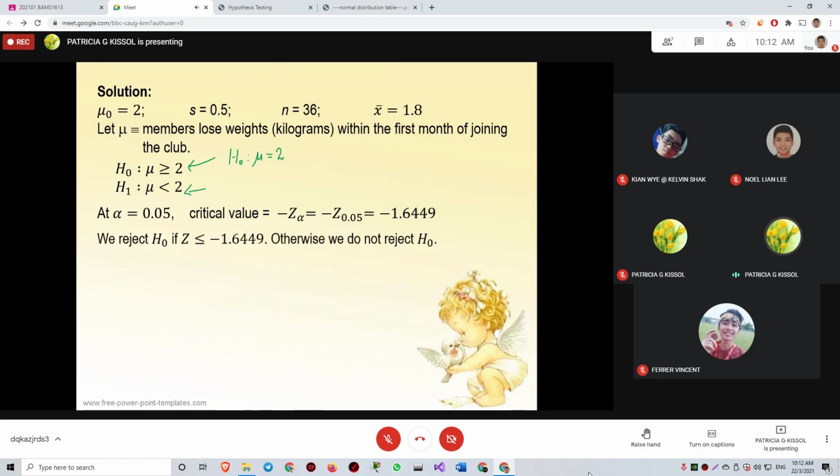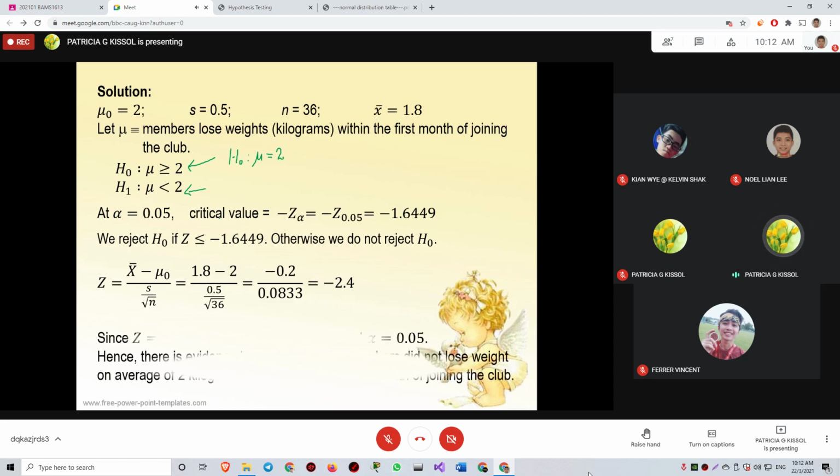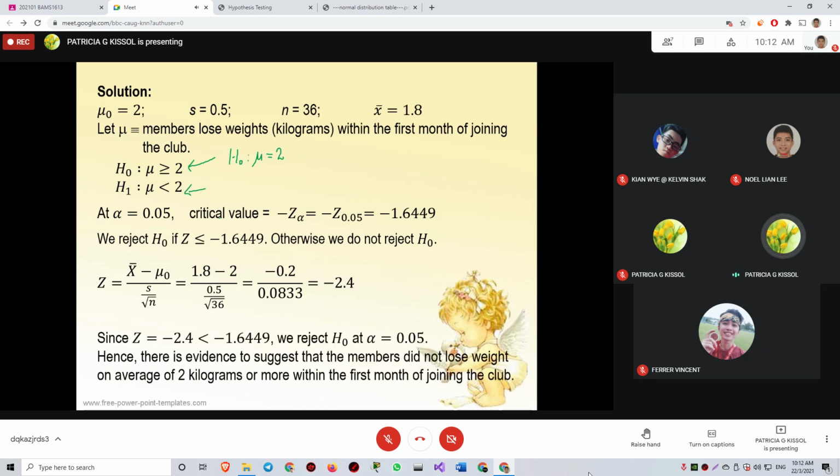Okay, so here then do the rest the same. Do your decision. Calculate your test statistic, which is negative 2.4, and that is definitely in the rejection area. And we reject the null hypothesis. And since we reject the null hypothesis, we say that the members did not lose weight on average of 2 kilograms or more within the first month of joining the club.